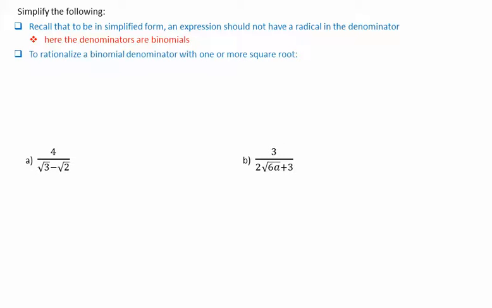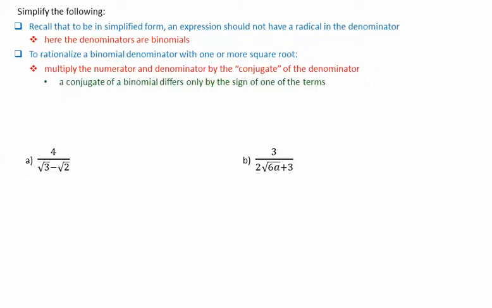To rationalize a binomial denominator with one or more square roots, we multiply the numerator and denominator by the conjugate of the denominator. A conjugate of a binomial differs only by the sign of one of the terms.